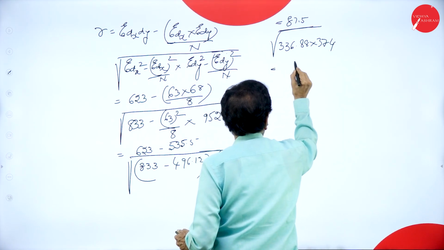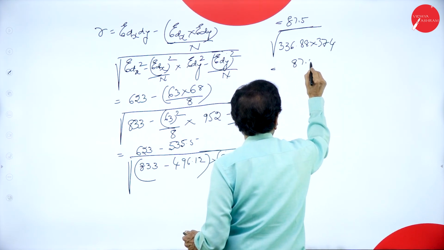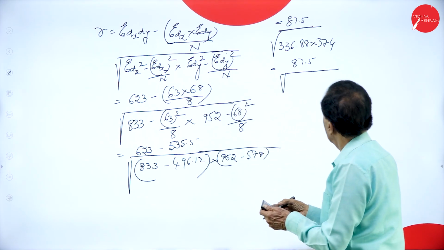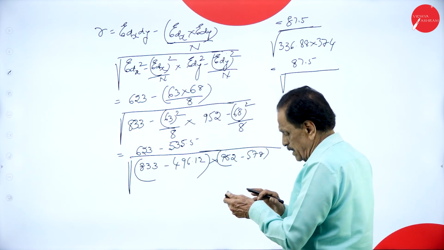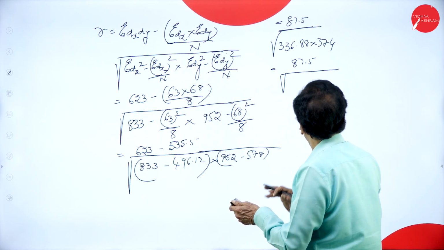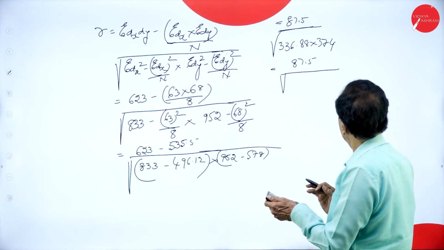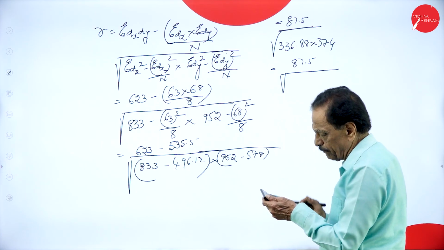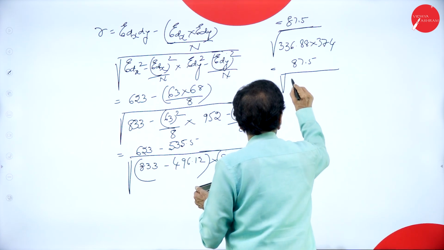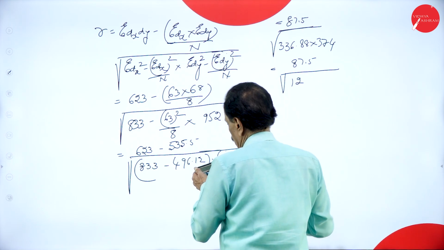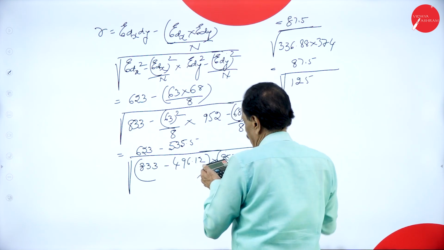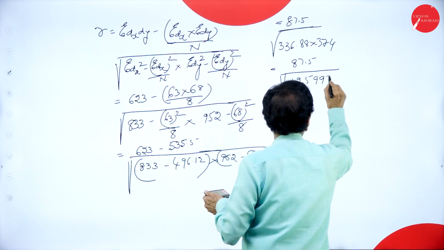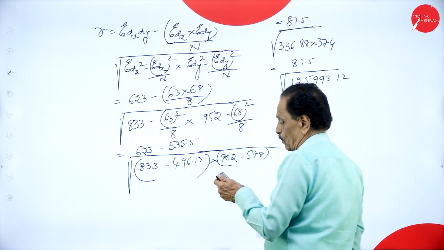This is 87.5 divided by root of 336.88 into 374, which is 125,993.12.